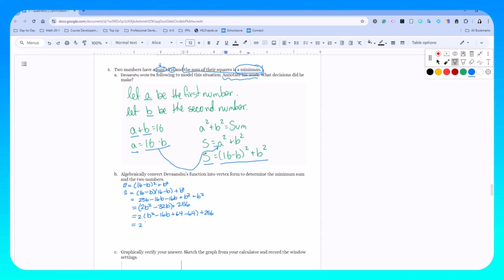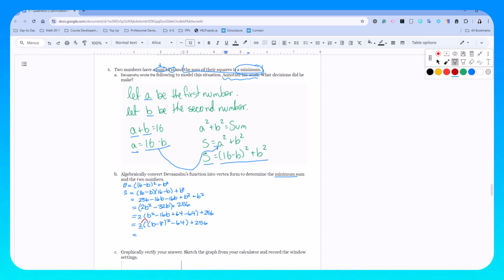I know that those first three terms make the perfect square of b minus 8, but I still have to deal with the 64 because I have that 2 hanging out front. Now, so far, this is looking good because this should be a minimum and my a value is a minimum. So I know I should be on the right track. Now I'm going to distribute that 2 through.